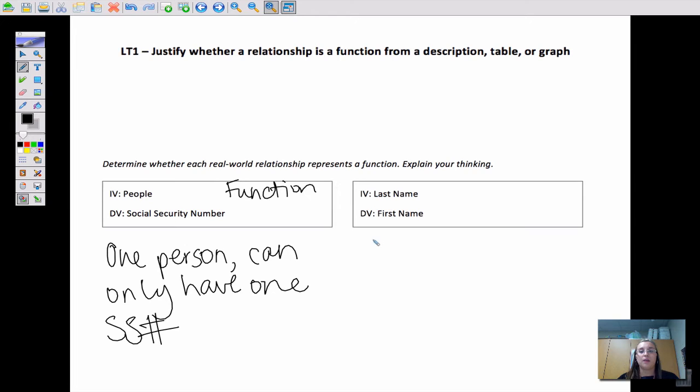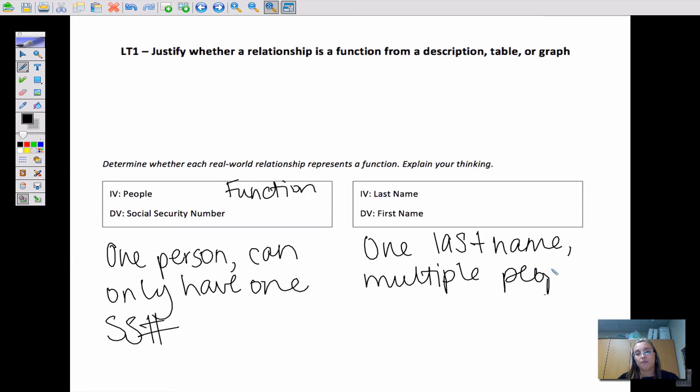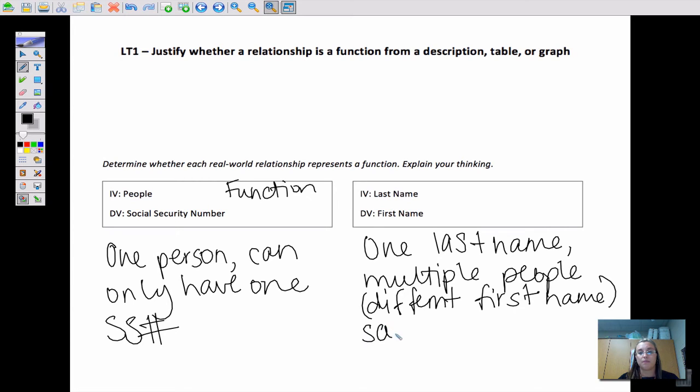Okay? When I think about one last name, multiple people or different first names could be associated with that, could have the same last name.